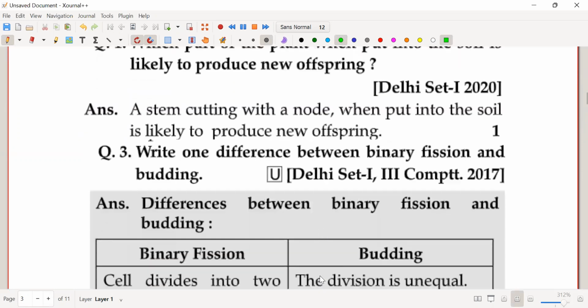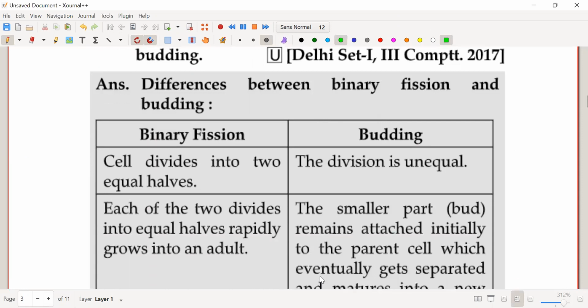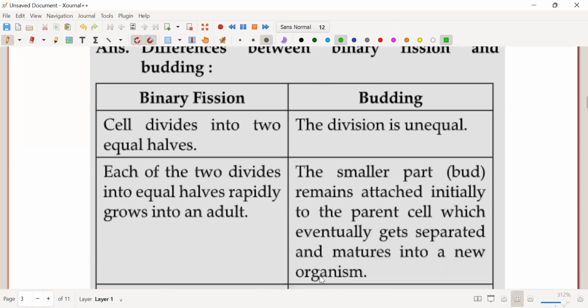Then write the difference between binary fission and budding. In binary fission, the cell divides into two equal halves.